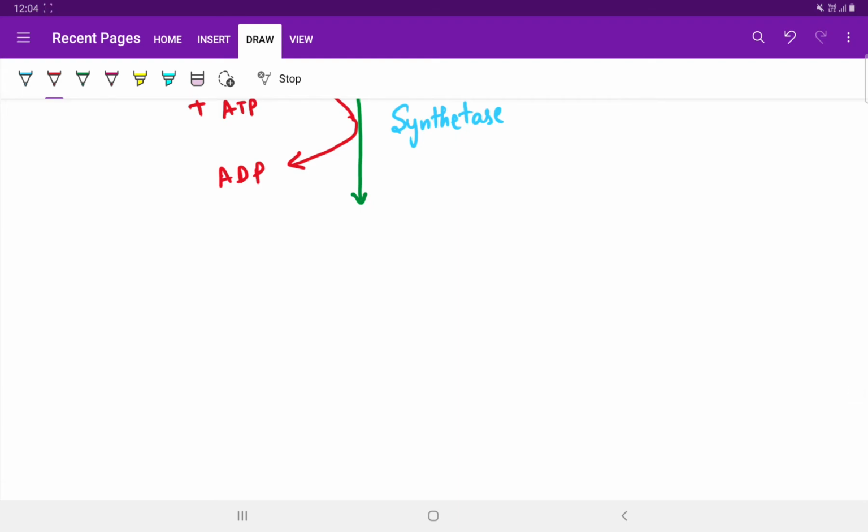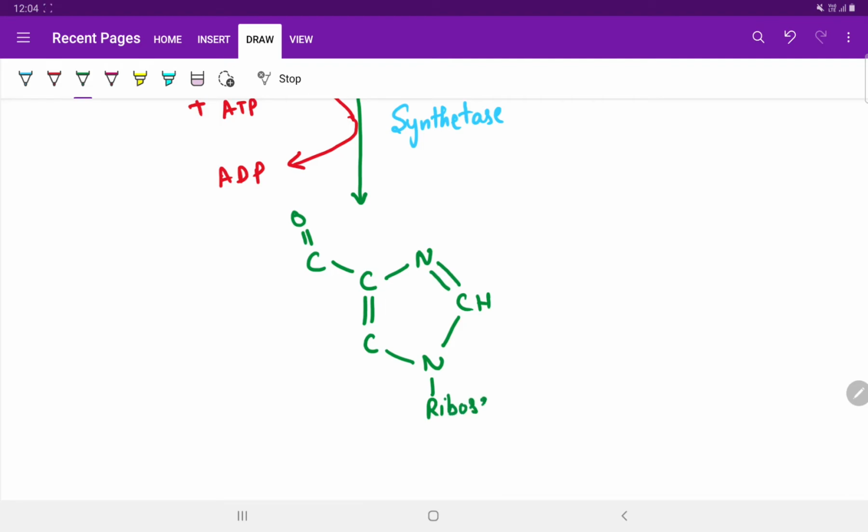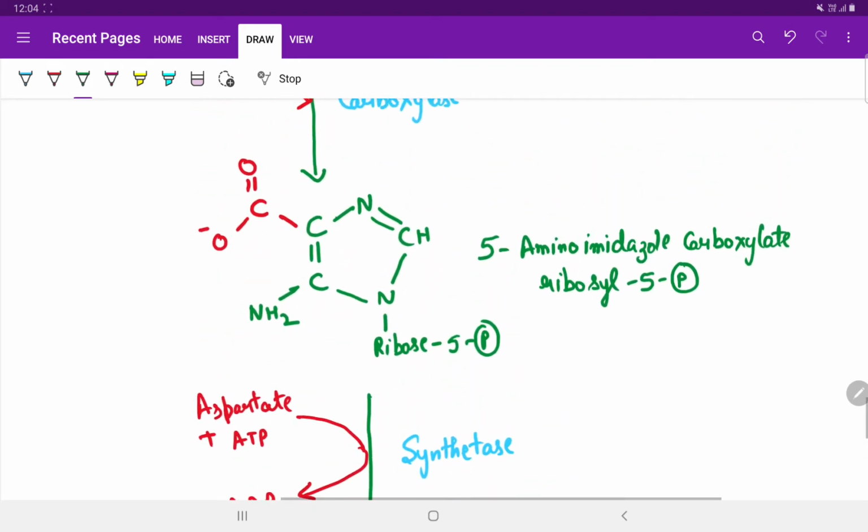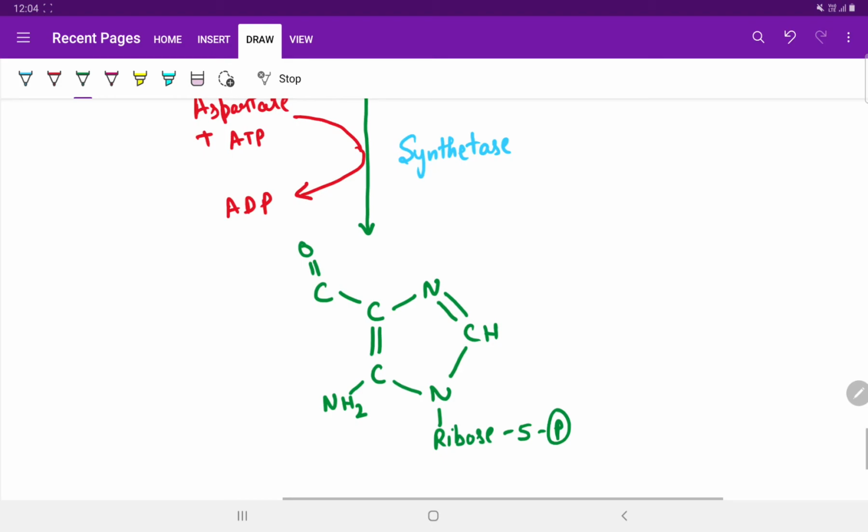So how is this succinyl carboxamide formed? Here will be a precursor formation of a 6-membered ring. So this was the structure that we can see in the previous molecule here. So ultimately there will be an addition of an aspartate molecule from here.